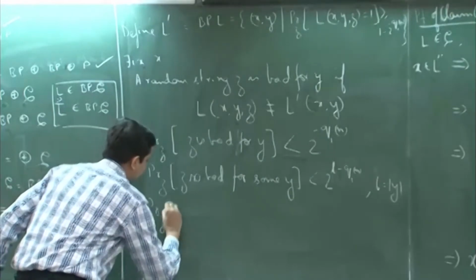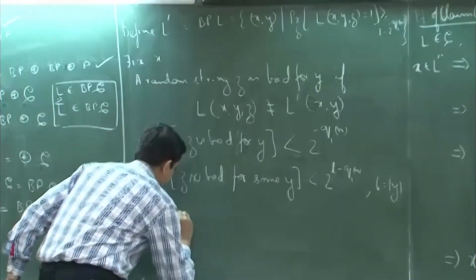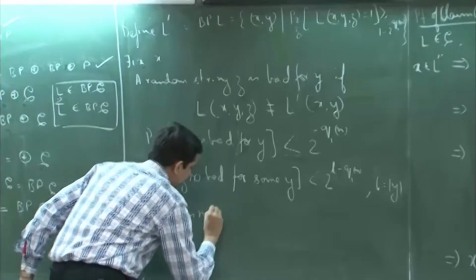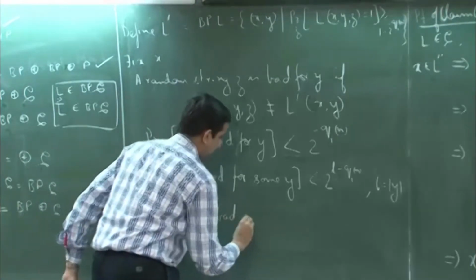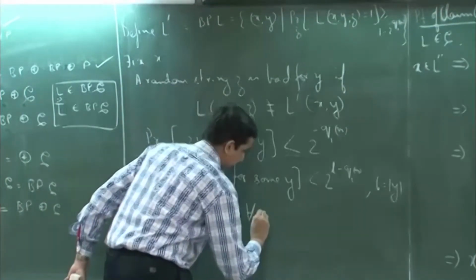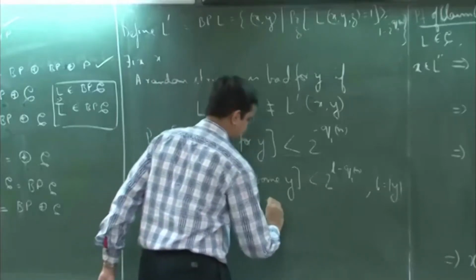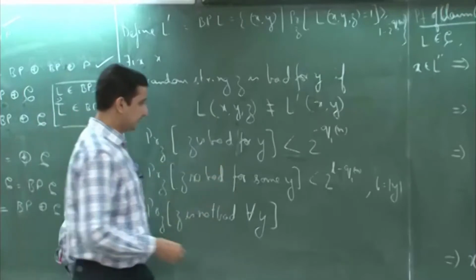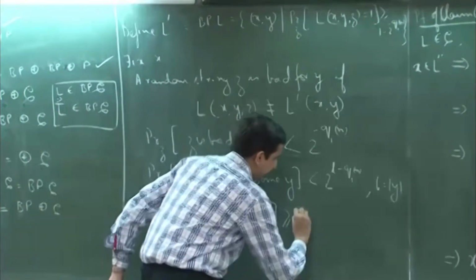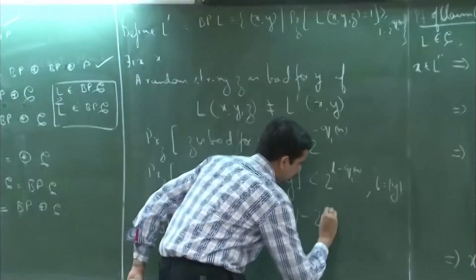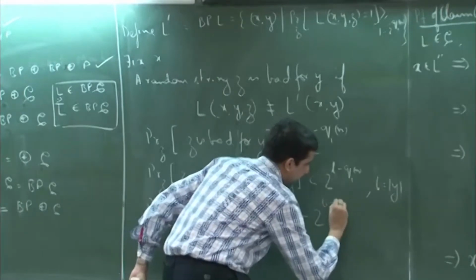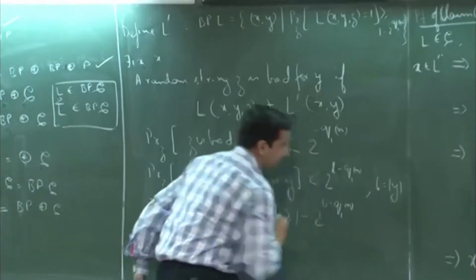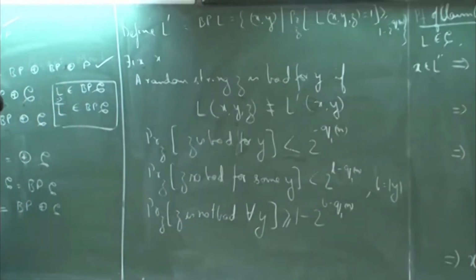So the probability that z is not bad for all strings y is basically the complement of this event. So this is greater than 1 minus 2 to the power L minus q1 of n.